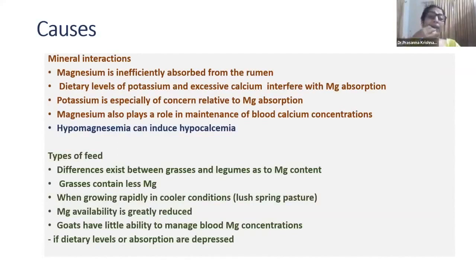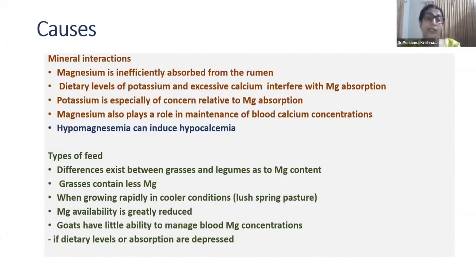And the type of feed that causes the disease also matters very much, because there is a difference in the magnesium content in the grasses and legumes. Grasses contain less magnesium than legumes. And especially when these grow rapidly in cooler conditions, that is, spring pasture, they are highly palatable and have high taste, but magnesium availability in that feed is greatly reduced.